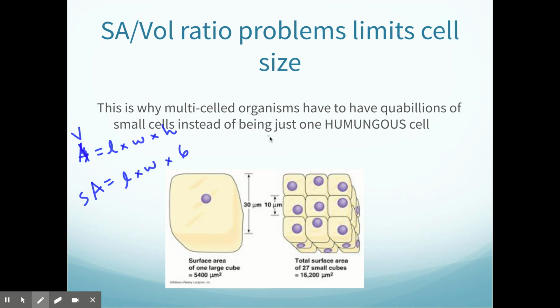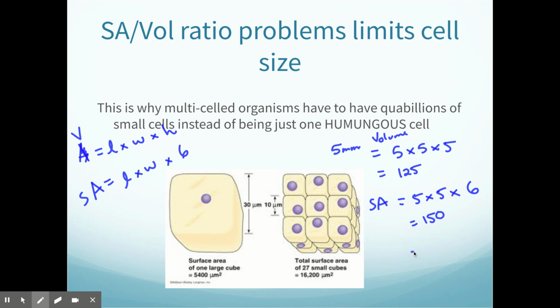So if you had to calculate this for a cube that is 5 millimeters, volume is 5 times 5 times 5, and surface area is 5 times 5 times the 6 sides. 5 times 5 times 5 is 125. And 5 times 5 times 6 is 150. So surface area divided by volume is 150 divided by 125, and that is 1.2. That's the little math behind it if you missed it on the last example.